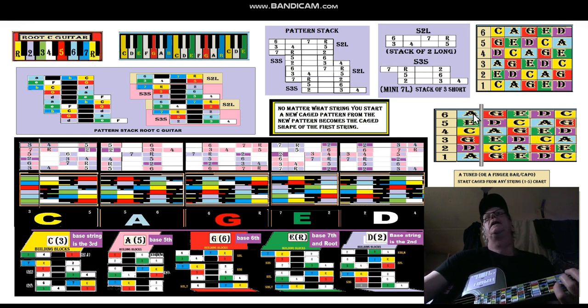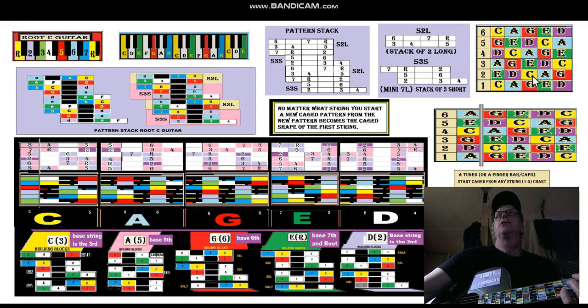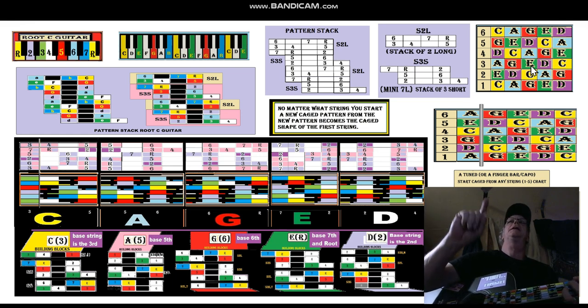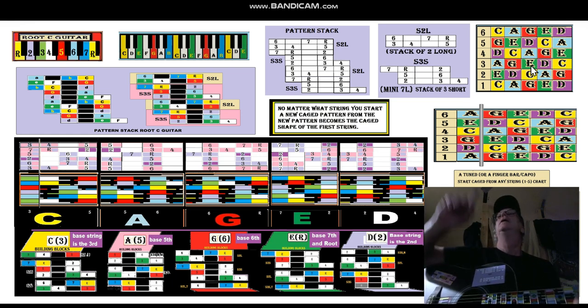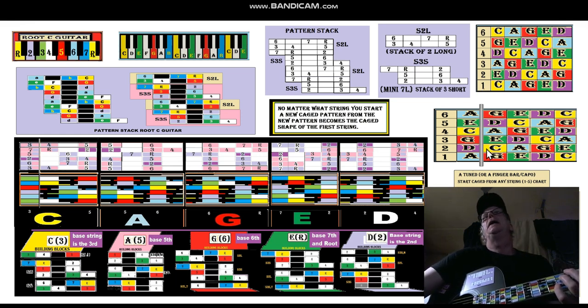And the way I lined this up right by the fretboard here, believe it or not, from evidence from this chart, C always goes to E, and that's a third. And I said to myself, wait a minute, that's like the tuning of a guitar. So I lined this up as if these were the notes in the tuning of a guitar.